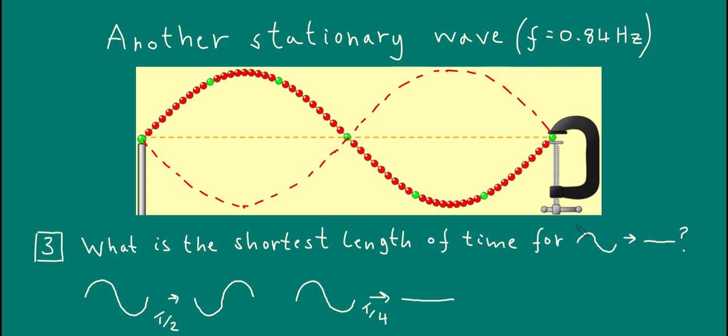And how do we do that? Well, notice up here, and I mentioned it as well, that the frequency of this stationary wave is 0.84 Hertz. Once you know that, you can work out the time period. The time period here is just given by 1 over the frequency. And what we're interested in specifically is a quarter of the time period.